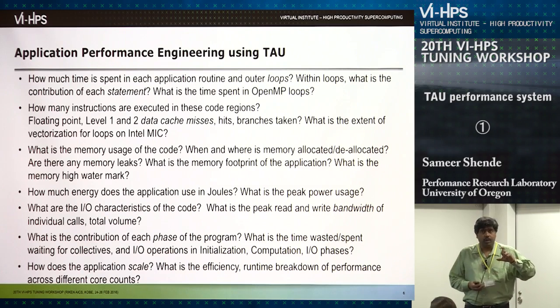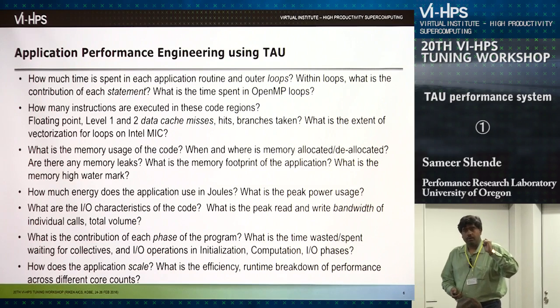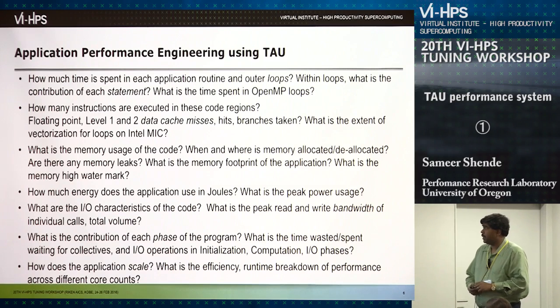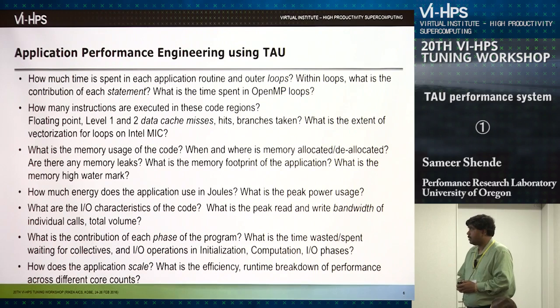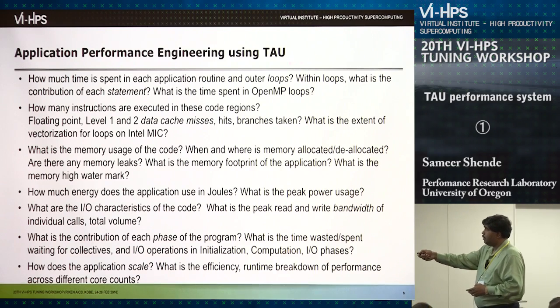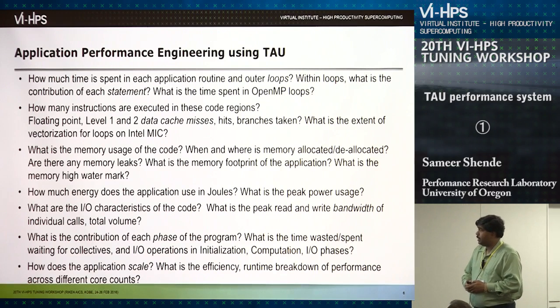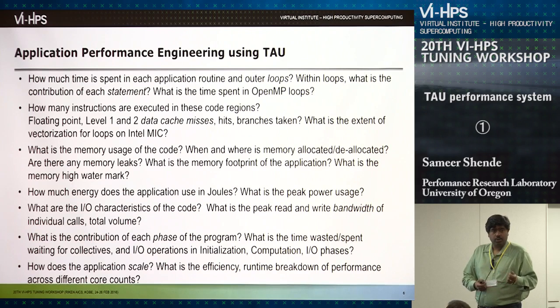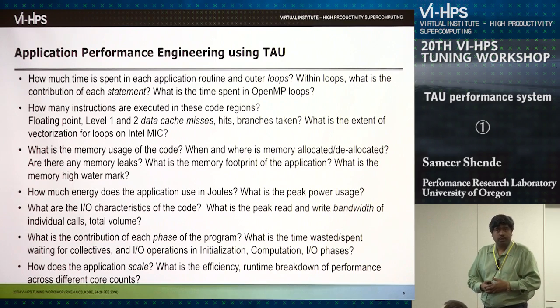And within the loops, what is the contribution of individual statements? What is the time spent in OpenMP loops? How many instructions are executed in these regions, such as hardware performance counters that can show you detailed inner workings of your CPU?